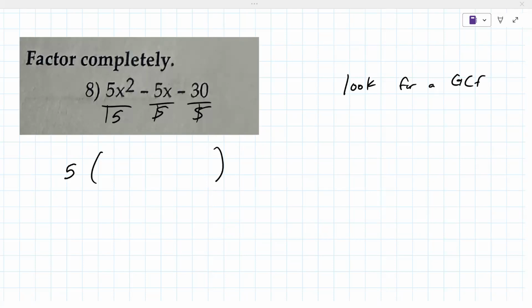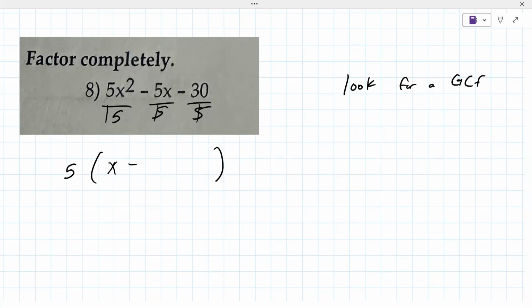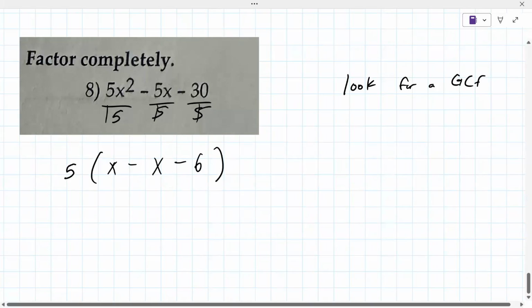Would it be x minus x minus 6? Okay, close. There's a small issue here.